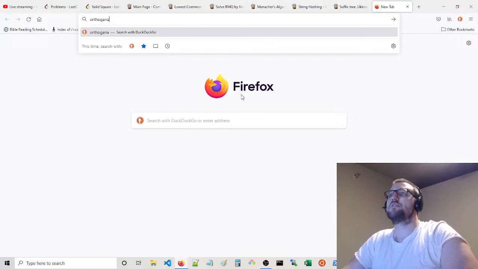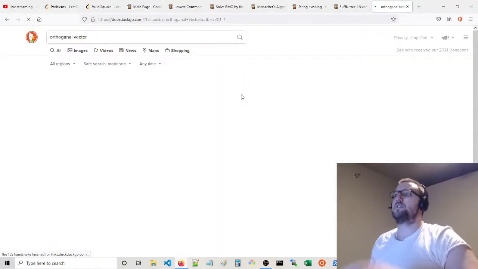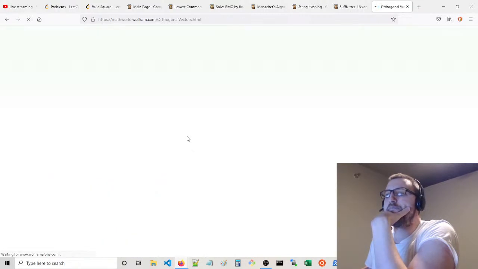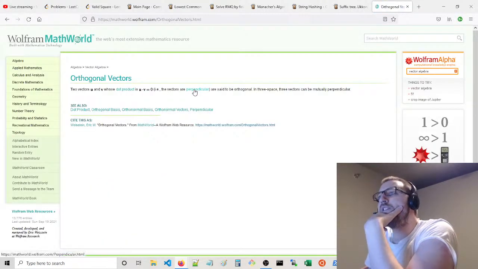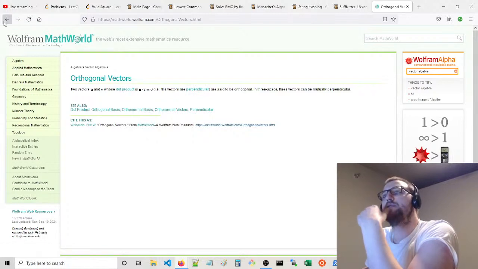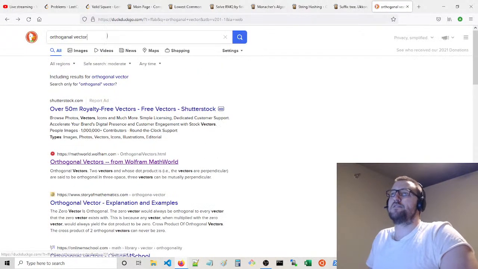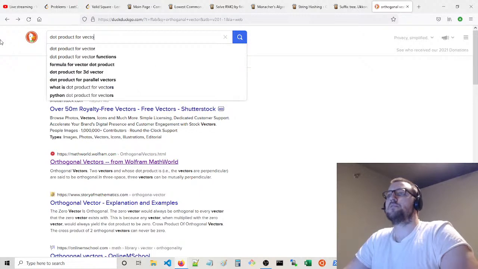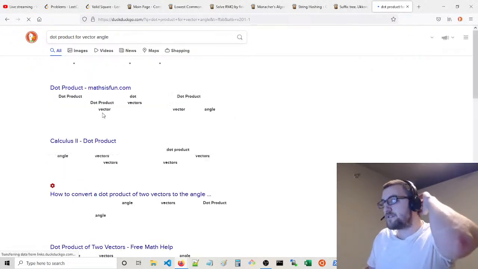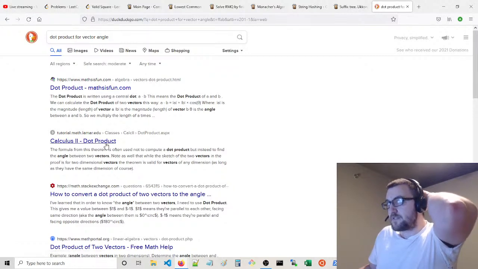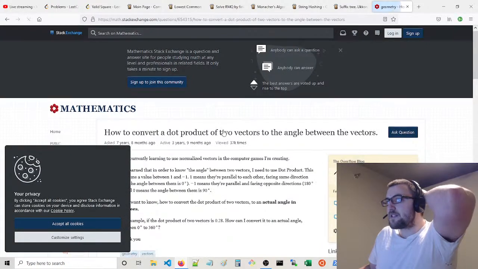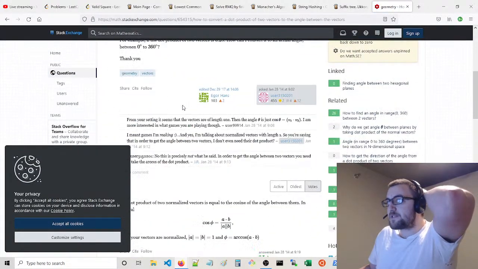There's a way to check orthogonality: the dot product for the angle between the vectors. This is what we want to use.